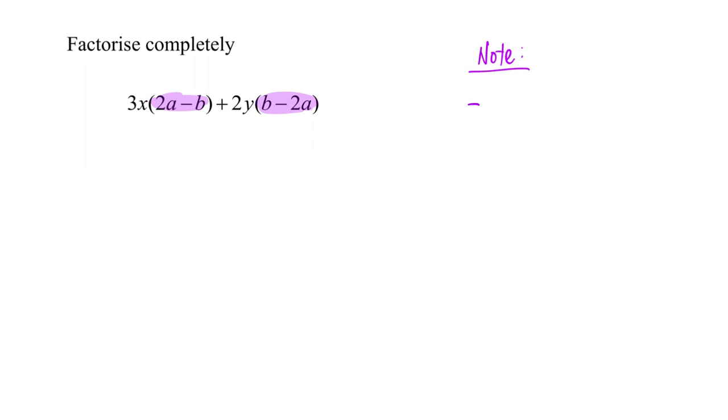negative of 2a minus b is equal to negative times positive negative 2a. Negative times negative is positive b, and when I rearrange it, the positive b I write in front, the negative 2a I write behind.